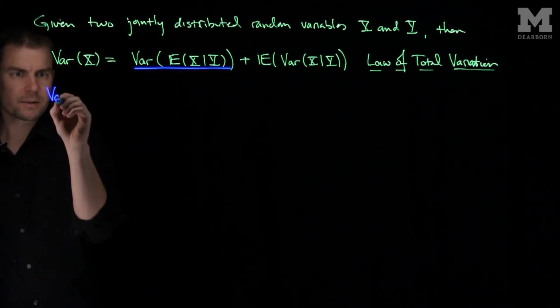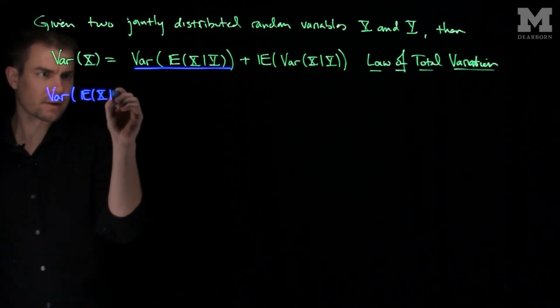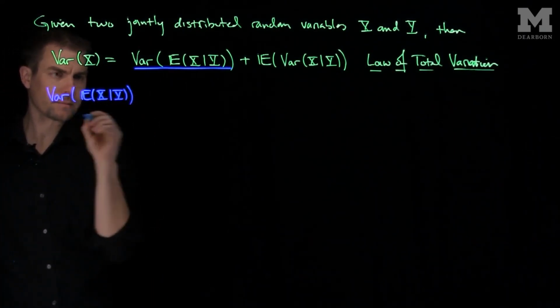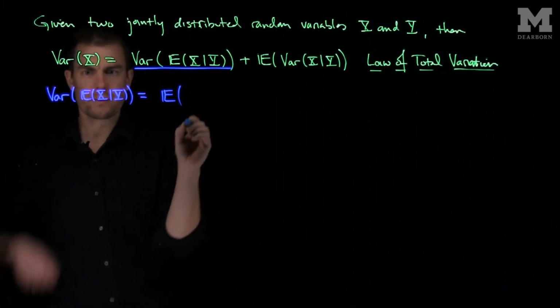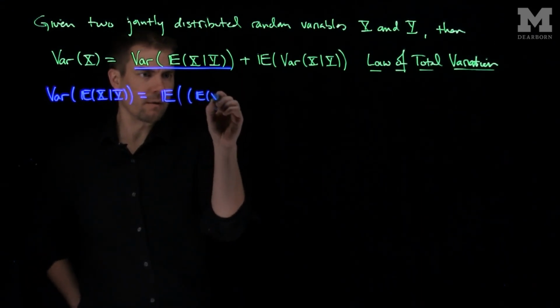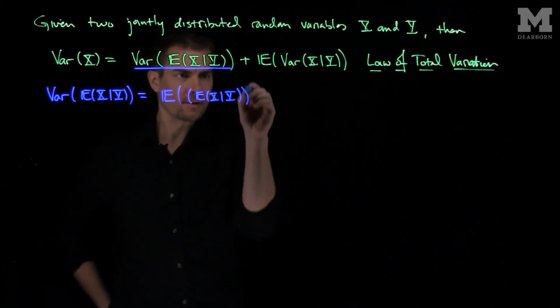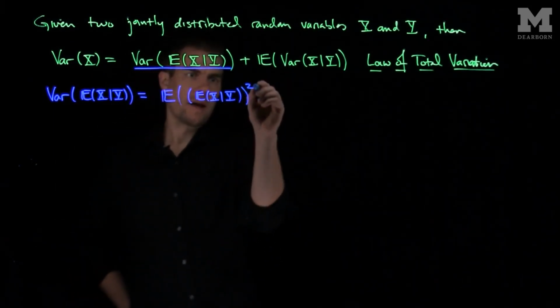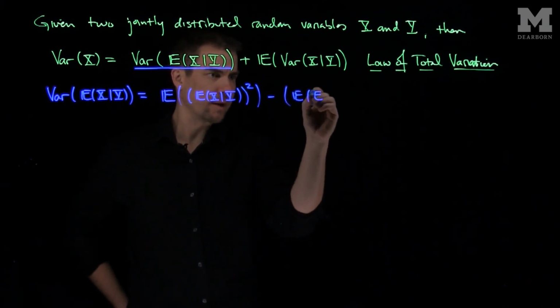The variance of the expected value of X given Y is equal to the expected value of the square of this random variable, so I square the expected value of X given Y, minus the square of the expected value of the expected value.